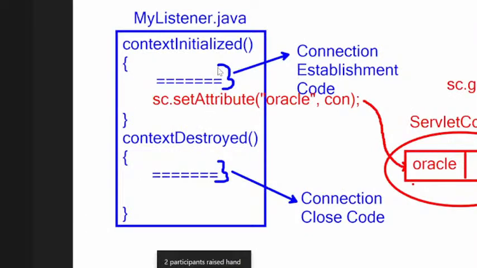But how does the system know my listener is a context listener? Whenever the application is deployed, the context initialized method is called. But in which class? How does the system know it is in my listener?